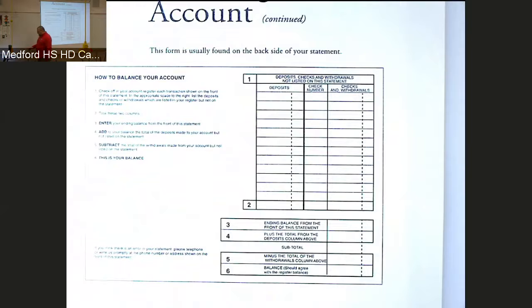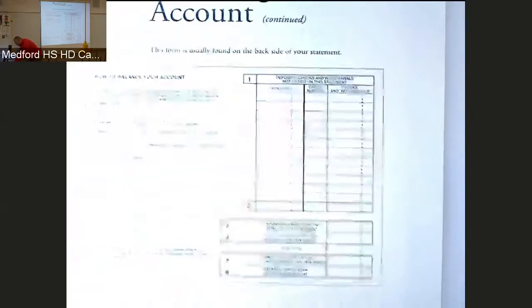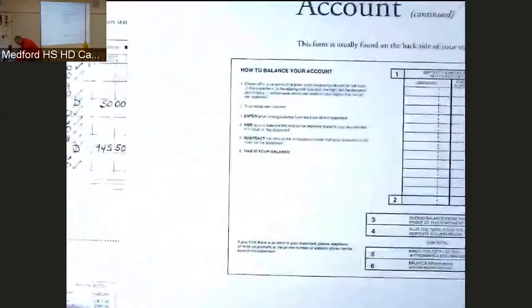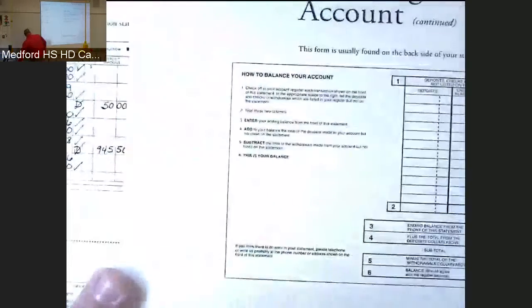And again, we did that. The second step here is we're going to list all of the deposits and withdrawals that are outstanding. We didn't have any outstanding deposits. We did have two, if you remember, outstanding withdrawals. So we go back here and take a look at the two withdrawals that we had.